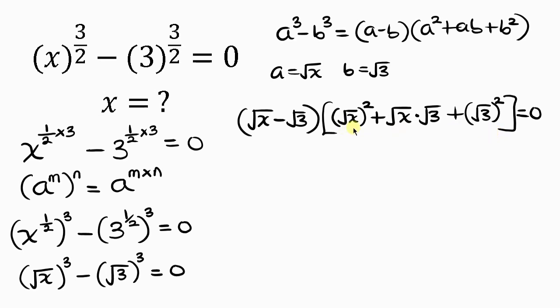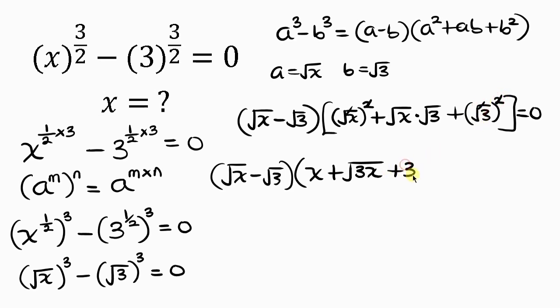So let's simplify what we have inside of this parenthesis. So we have the square root of x minus the square root of 3, times, now square can cancel out square root so that we have x plus the square root of x times the square root of 3 gives the square root of 3x, plus, now square can cancel out square roots, leaving 3 equal to 0.